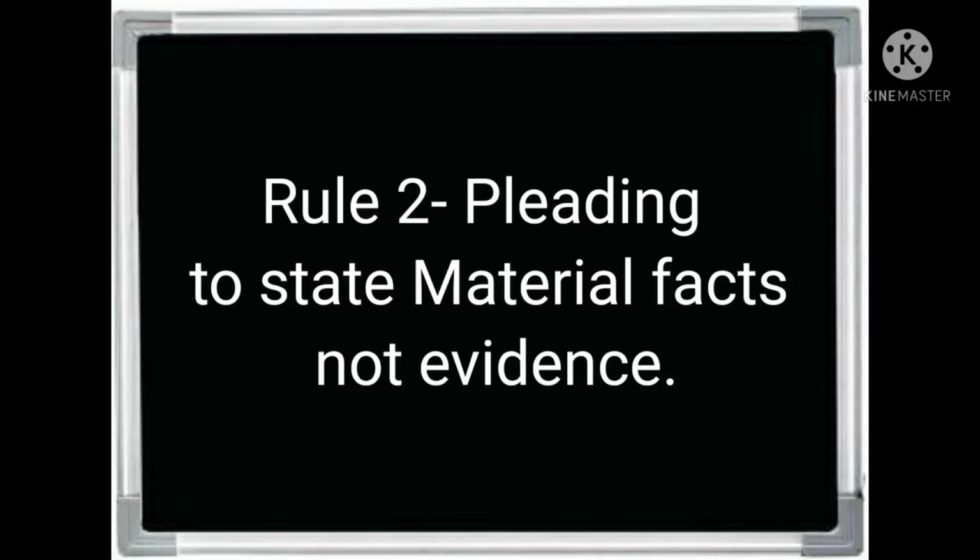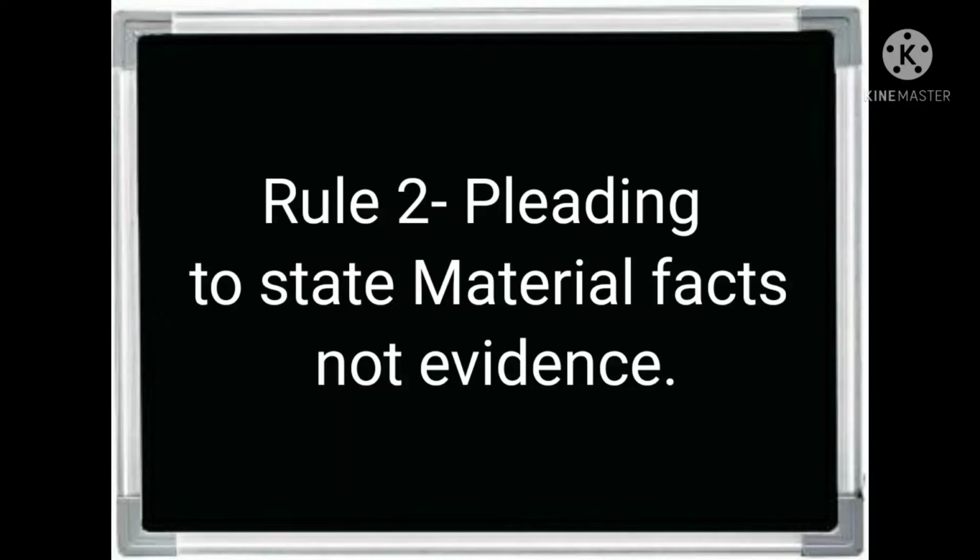What does this mean? Pleading shall contain material facts in a concise form, on which the party relies for his claim or defense, but does not have to contain the evidence by which they are to be proved.